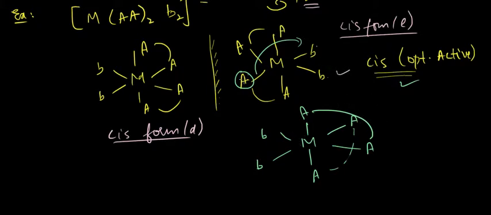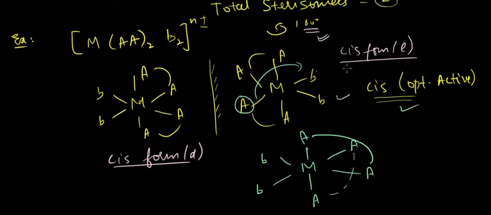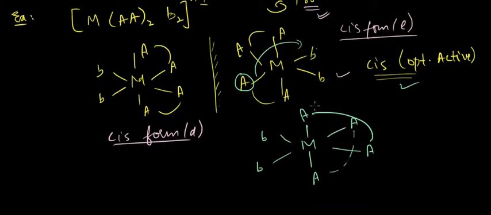So we would have this A here, which is bonded with the lower axial A atom, and this A would be coming towards your face, as originally it was going into the plane. After rotation it would be coming towards your face, and this would be bonded with the axial A atom. So are these two complexes superimposable? No. Hence these two are mirror images of each other and are optically active.